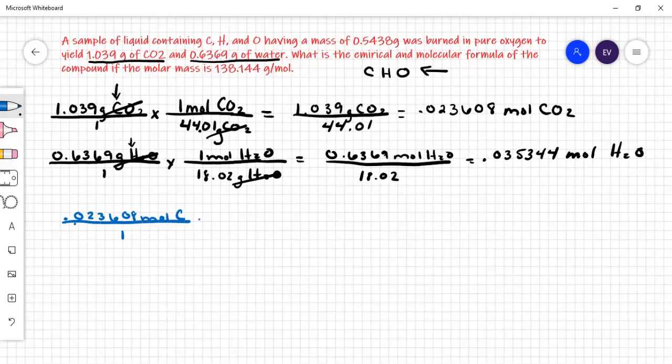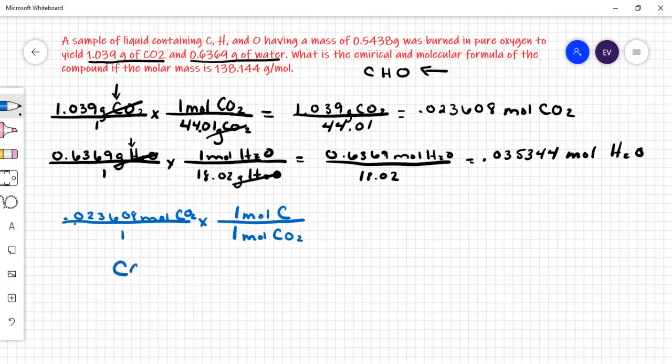And I'm going to multiply it by the mole ratio of CO2, sorry. I know that 1 mole of the compound CO2 contains 1 mole of carbon. Now, where do I get this from?